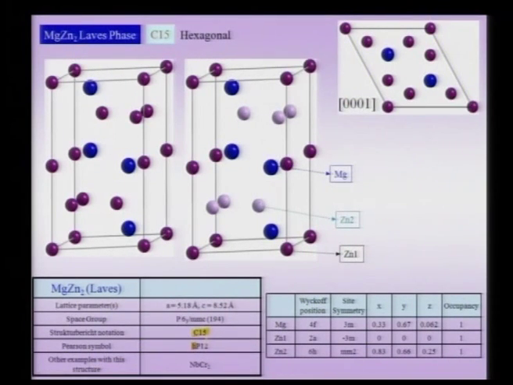Now the magnesium atoms are in blue, and the zinc atoms are in the violet color, the dark violet and the light violet. So you can see that this is the unit cell, and this is my 0001 projection of the unit cell.